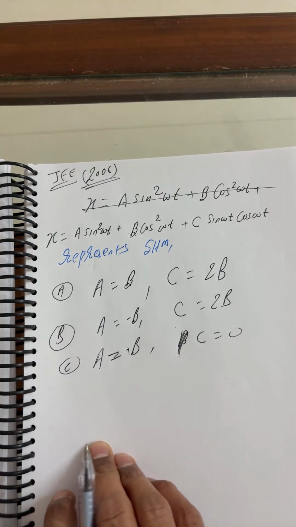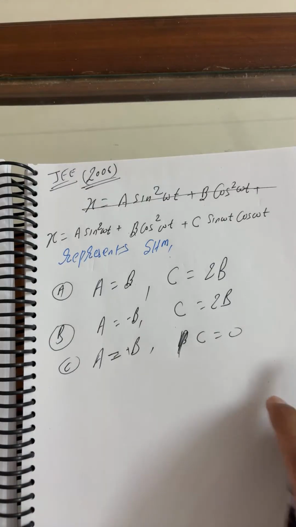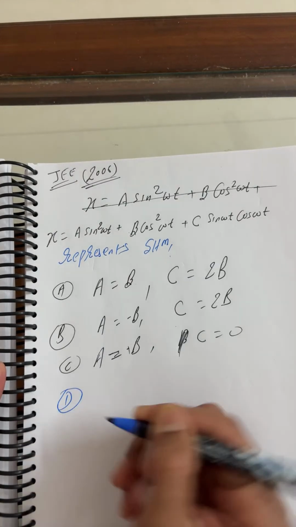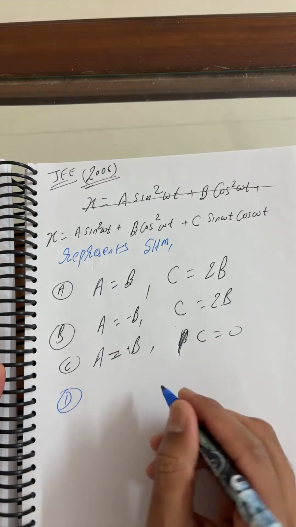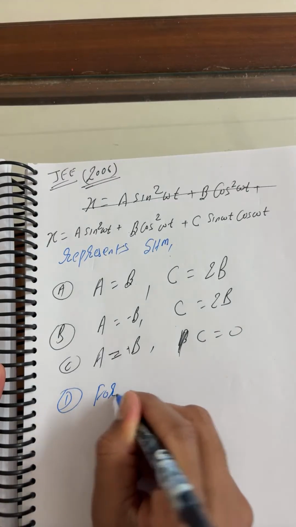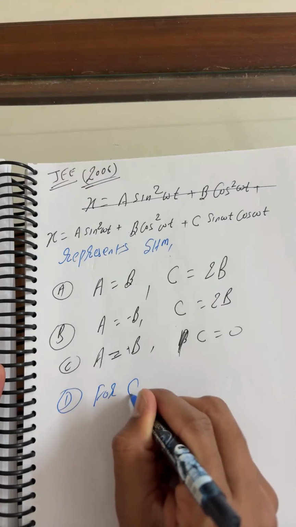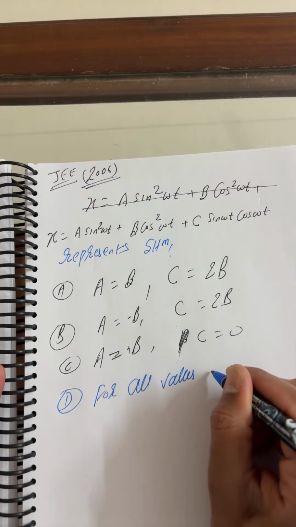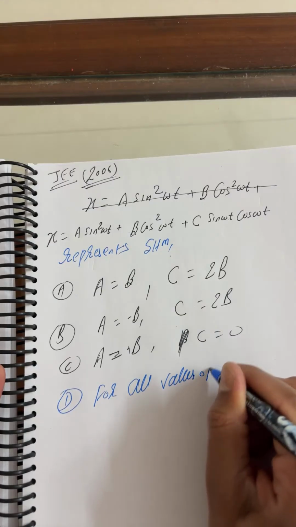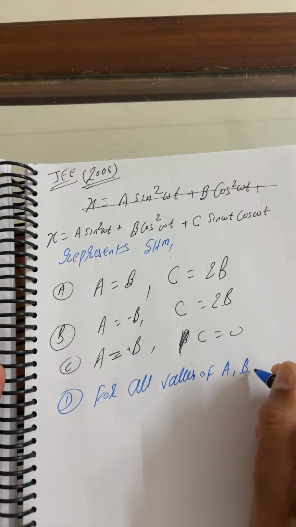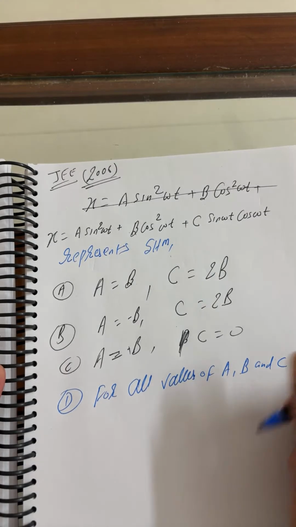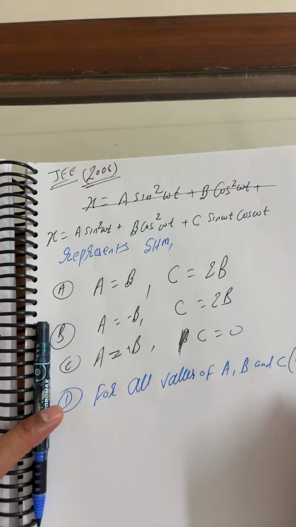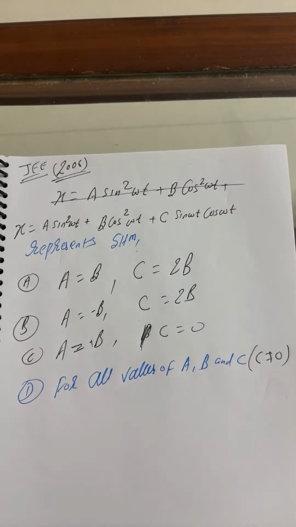Now, have a look here. The last option, option D: for all values of A, B, C, and C not equal to 0.